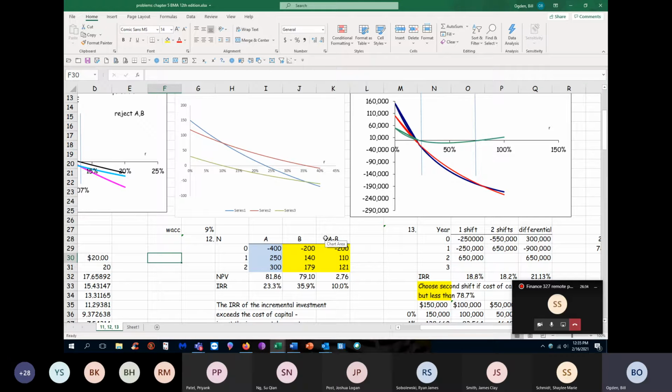The first question they're asked is, why don't we choose the one of the highest IRR? The reason, of course, is that it does not necessarily lead to the highest investor wealth. In other words, it doesn't lead to the highest NPV.